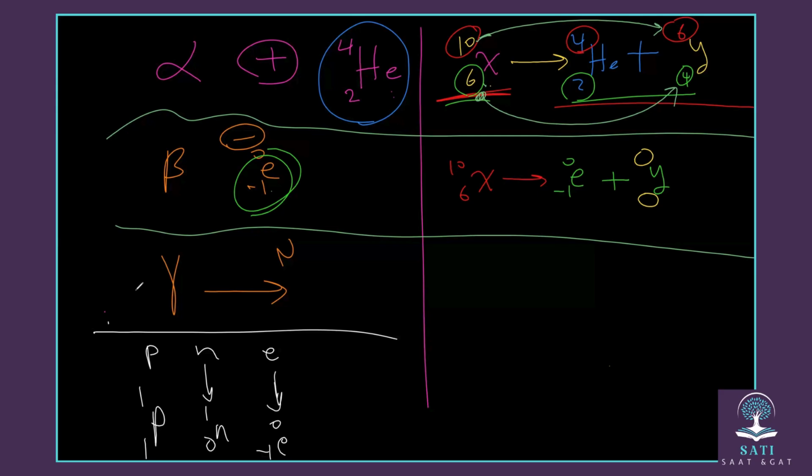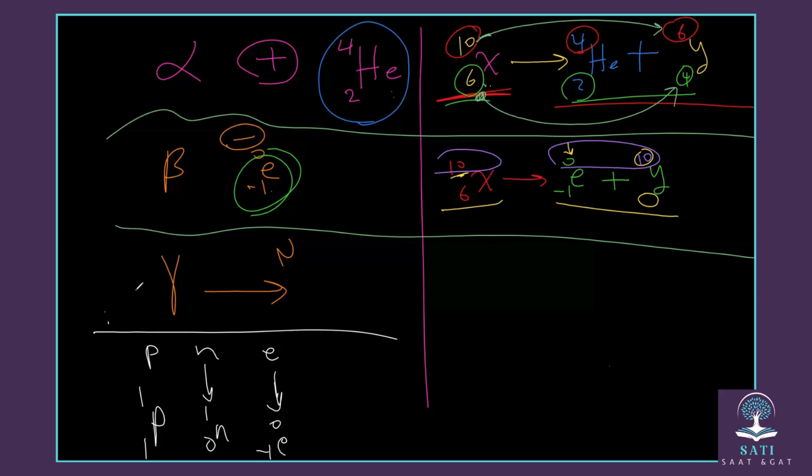This is 10 on the left side of the equation, so on the right side, the atomic mass also has to be 10. Since this one is 0, this number has to be exactly 10. So when I add these, the atomic mass equals the atomic mass of the left side of the equation.